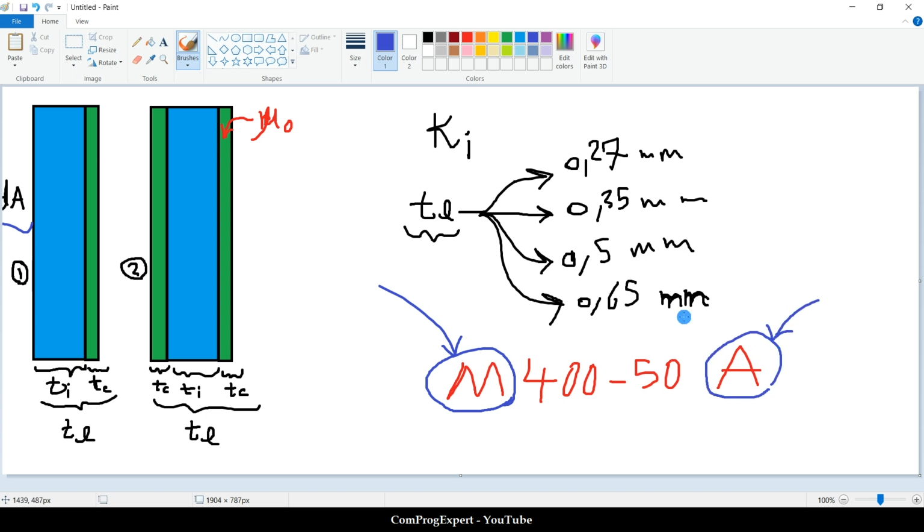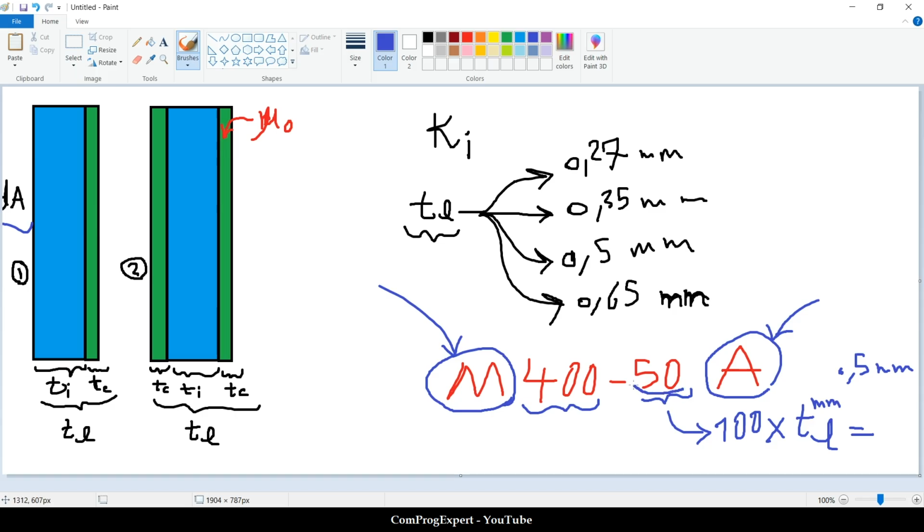Okay, so our focus is on these two numbers, this one and this one. This number is 100 times the thickness of the lamination. So what is the thickness of the lamination for this electric steel? It is 0.5 millimeter. This is in millimeter, the thickness of the lamination. So 100 times 0.5 is 50.